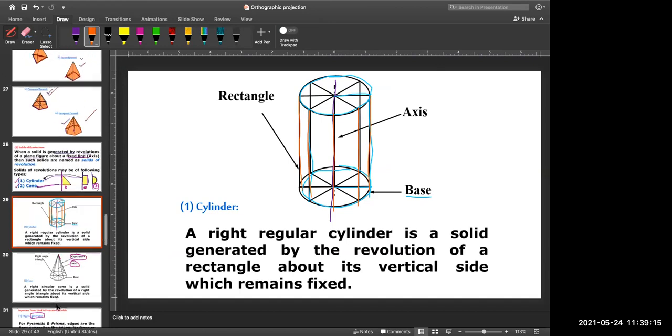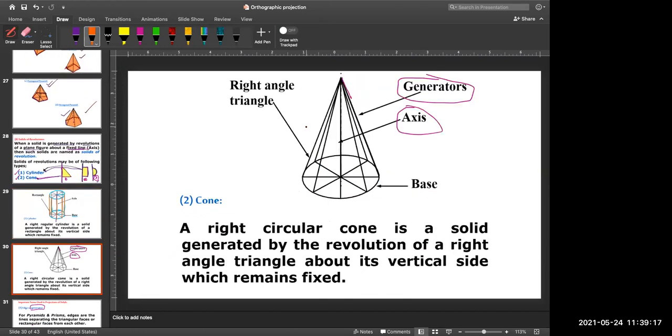Likewise you can see it for your cone also. This is the base circle, and the line joining this vertex to the center of this base is called the axis of this cone, and the remaining slant lines that you can see here are called the generators of a cone.